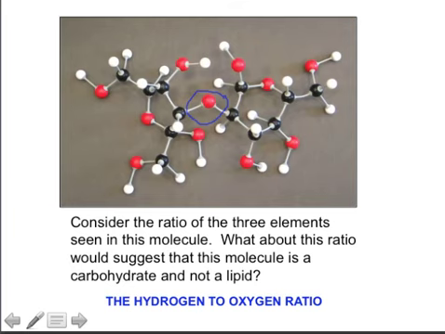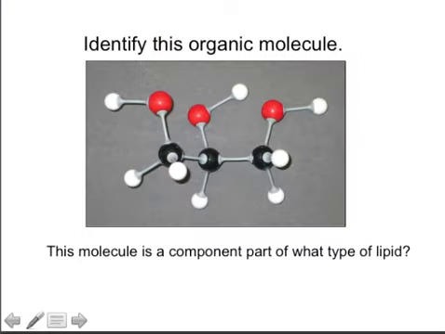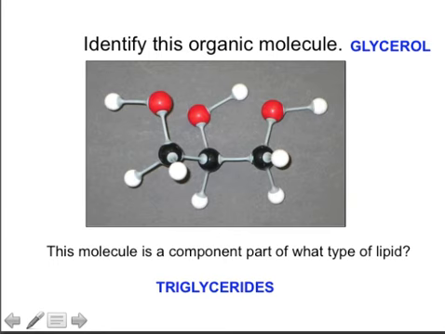Okay. Next question. Identify this organic molecule. That's glycerol. Okay, this is an alcohol that has three hydroxyl groups, a three-carbon backbone. This molecule is a component part of triglycerides.